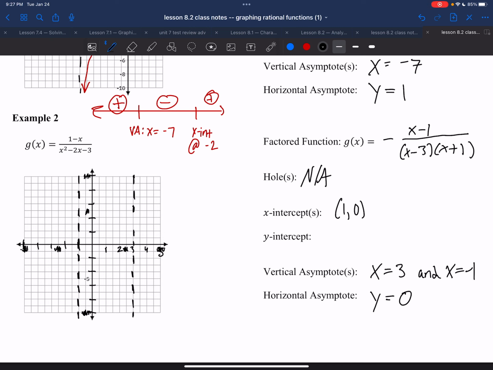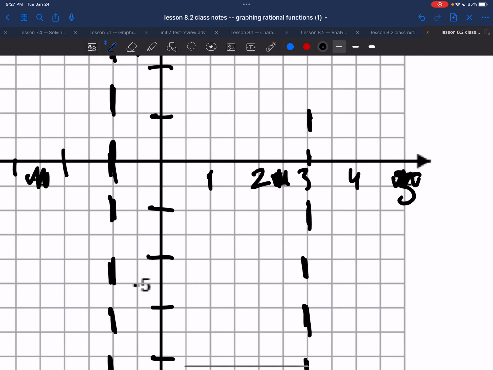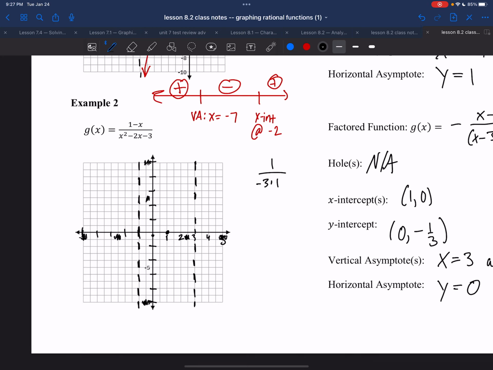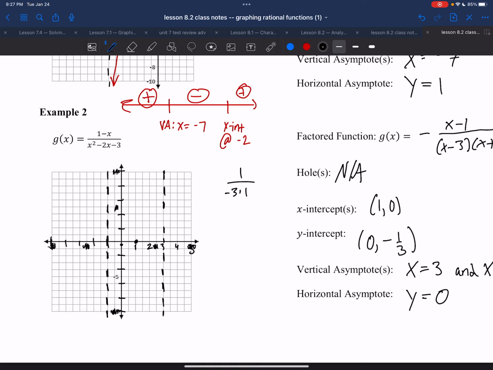There you go. And as for the y-intercept, we plug in 0. I'll have a positive 1 on top, and then I'll have a negative 3 times 1. So I'll get 0, comma, negative 1/3. So I'll plot those points. Let's do 1, 0, and 0, negative 1/3. Roughly something like that. And I've got all my features.